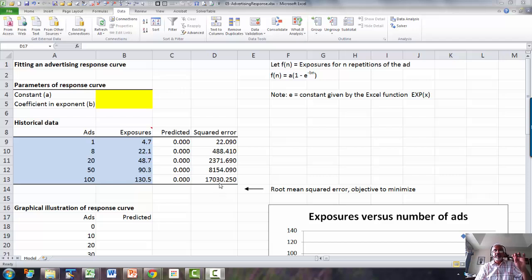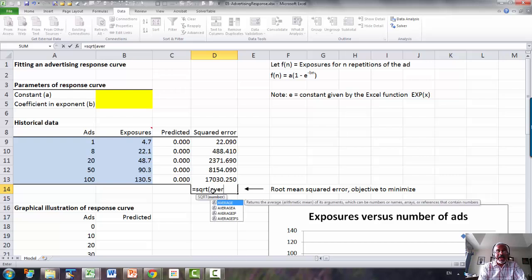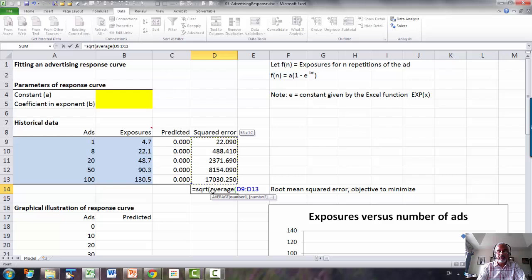That will be the mean square error, but what we want is the square root of that. So we start with SQRT of the average of the squared errors. We need two parentheses, and this is called the root mean square error.